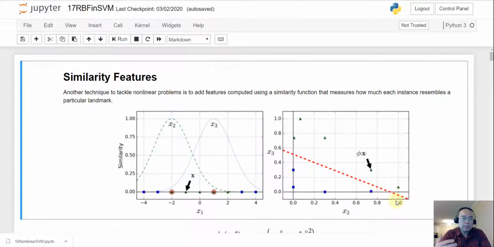So this is just another idea of doing the classification. We are again introducing new features and making the samples linearly separable. That is the basic idea of the Gaussian kernel, or the RBF kernel.